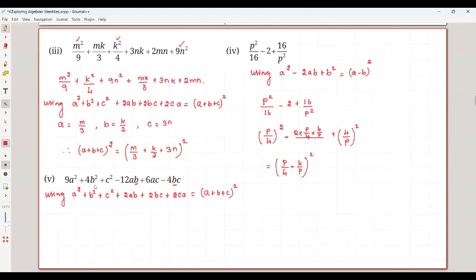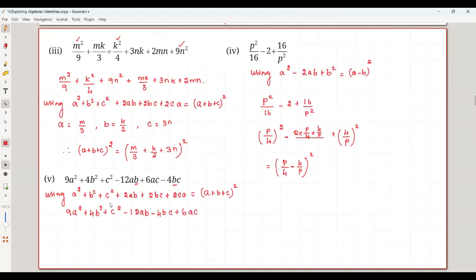So I'm just rewriting the question. How will you write the question? It can be written as 9a square plus 9b square plus c square minus 12ab minus 4bc plus 6ac.